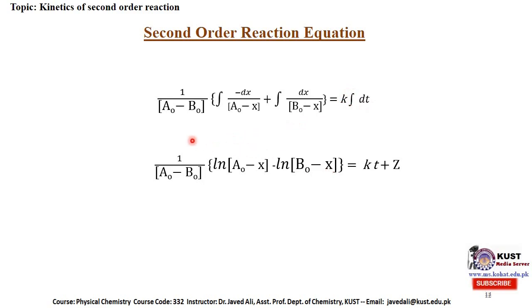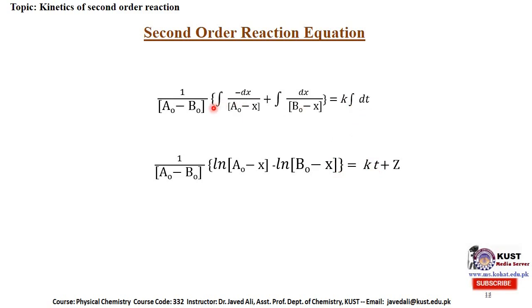So by solving this equation, as we know, integration of dx divided by (a₀ − x) is equal to minus log (a₀ − x), and the minus signs will cancel each other. Similarly, integration of dx divided by (b₀ − x) is equal to minus log (b₀ − x), and integration of dt is equal to t.